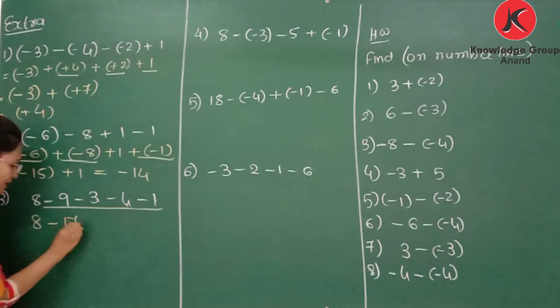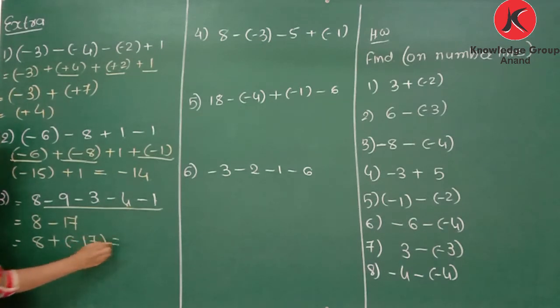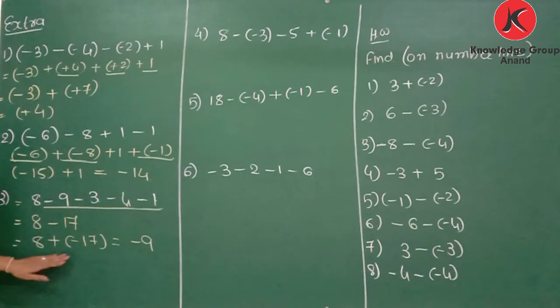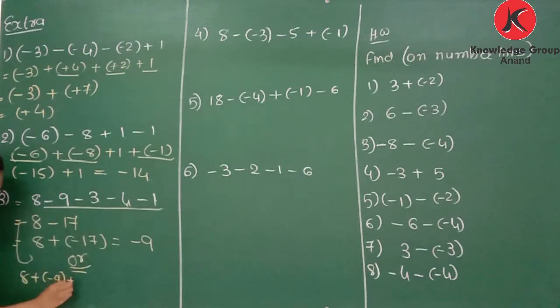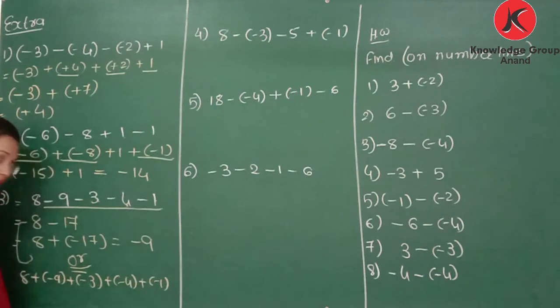So it is minus 17. Now you can write 8 minus 17. One negative, one positive, so it is minus 9. Or you can write this step as 8 plus minus 9 plus minus 3 plus minus 4 plus minus 1. Then it is also correct.